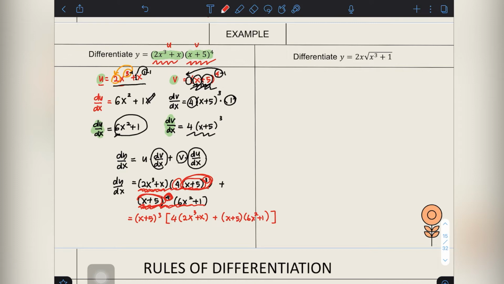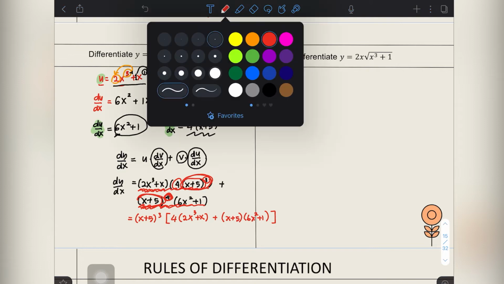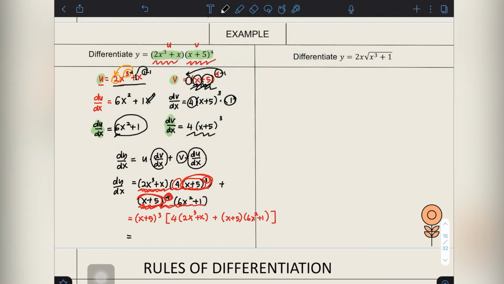So next, what you need to do is expand the whole thing inside the square bracket and simplify. So what I have here is (x+5)^3 remains. In the square bracket, I expand each and every term. 4 multiplied by 2x^3, you will get 8x^3. 4 multiplied by x, you will get positive 4x.